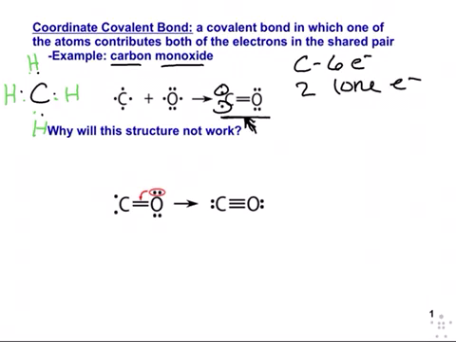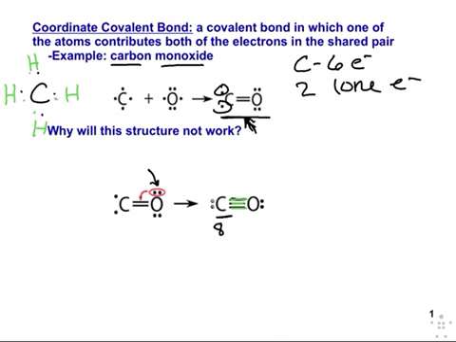So a coordinate covalent bond is when we take this pair of electrons from oxygen and use it to form the triple bond, so that we can satisfy the octet rule on the carbon atom. So now carbon down here exhibits 2, 4, 6, 7, 8 electrons, and the octet rule is satisfied.